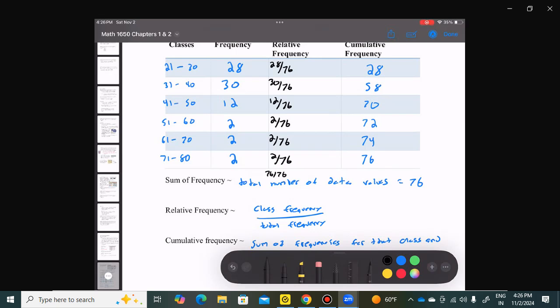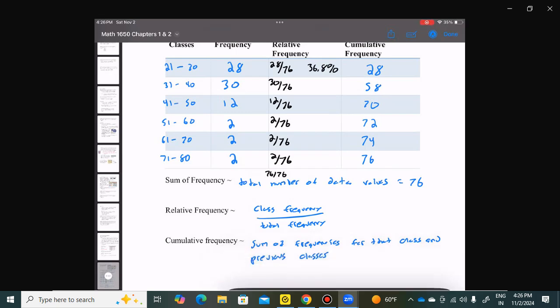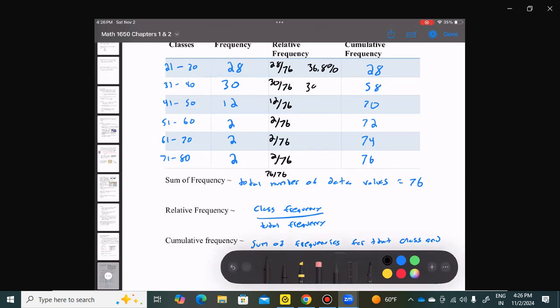Then we're going to find percentages. So first one is 36.8%. And then 30 divided by 76 is 39.5%. 12 divided by 76 is 15.8%. And 2 divided by 76 is 2.6%.